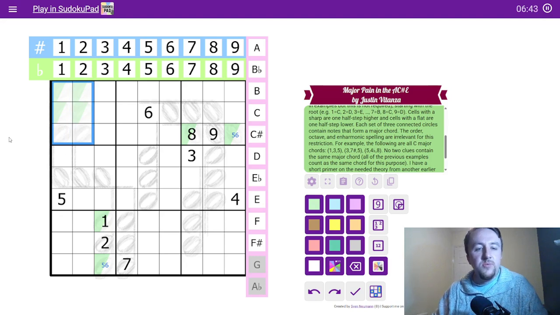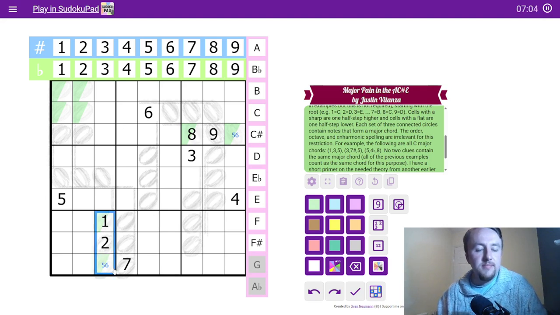So I don't think the 1 and the 2 can go on the same triad anymore, or chord, whatever you want to call it. A triad is a type of chord that has 3 notes. That's all I mean by triad.